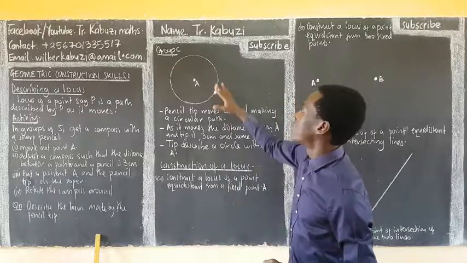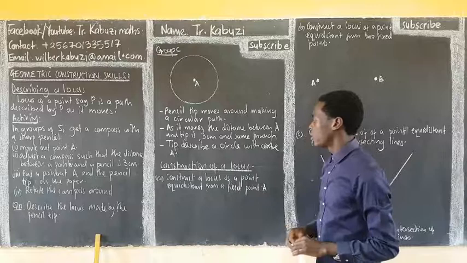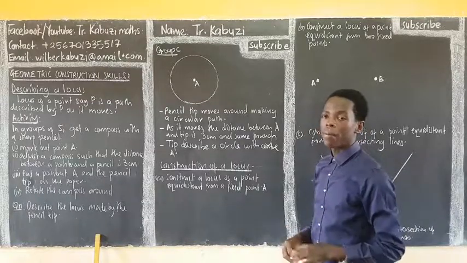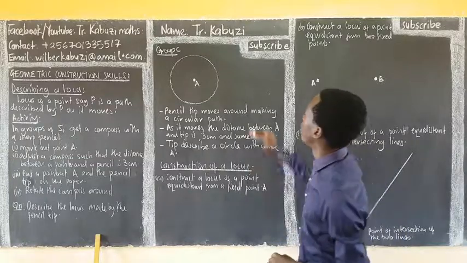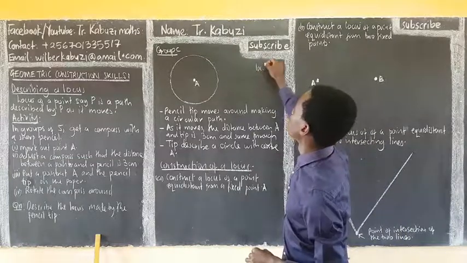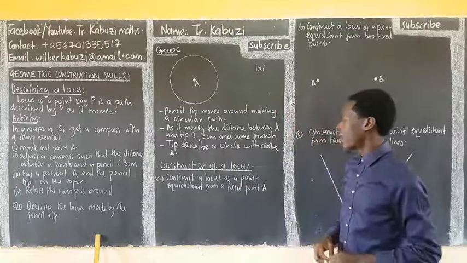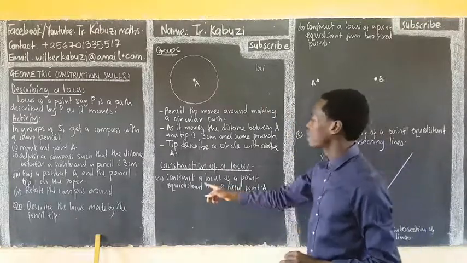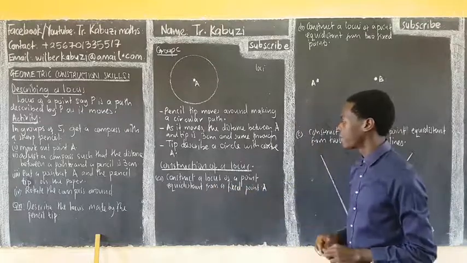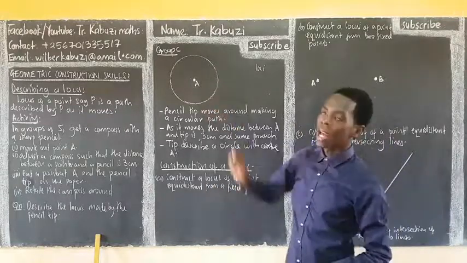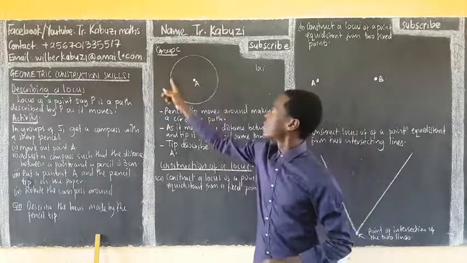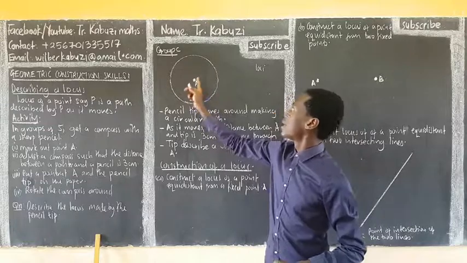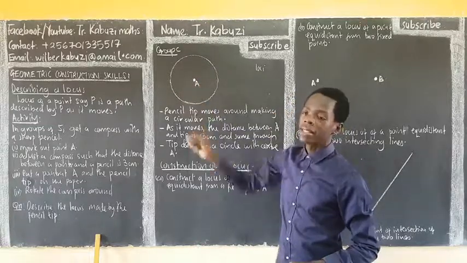So now, that pushes us to construction of a locus. Of course, locus has a plural word which we call loci. Construct a locus of a point equidistant from a fixed point A. Now, the moment we construct a locus of a point equidistant from a fixed point A, we can see the distance from here up to the circumference is equidistant.